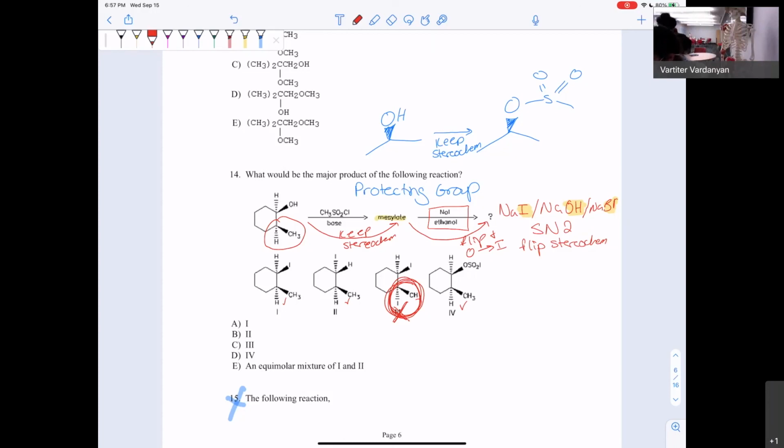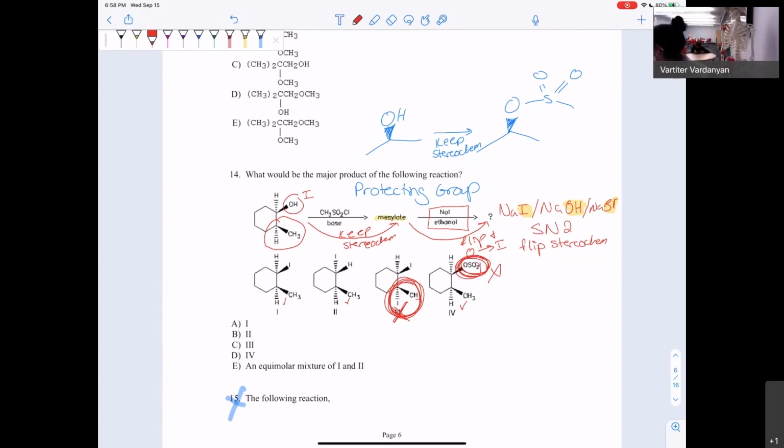Alrighty, so between those three, we're looking for the one that replaced OH with an I and flipped it to dashed. This one, what is that? That's not an I. Garbage. You're looking for I? Yes, so this last one, OSO2, is trash. Why am I looking for an I? Because we have NaI as the last step.